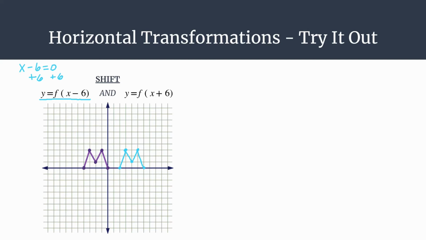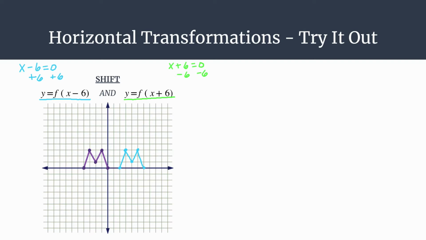Okay, so now let's look at y equals f of x plus 6. So we know we're going to do this as our only transformation. We're not really concerned about the order, but solving order still helps us think, okay, for this transformation, we're shifting horizontally left 6, or we're subtracting 6 from all of our original x coordinates. And keep in mind the purple graph is our original graph, f of x.